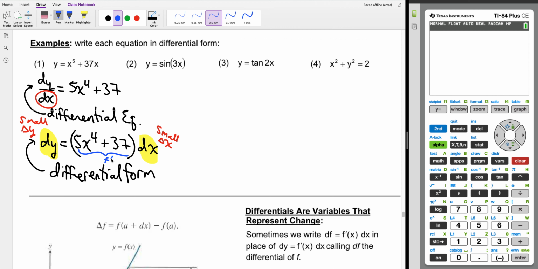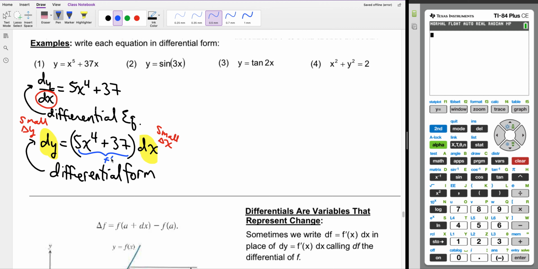This function, every vertical distance from the x-axis to a point on that line, would be a measure of f prime. What I'm saying here is that I'm multiplying that by some teensy tiny horizontal change. So if I create some teensy tiny horizontal change, I create a rectangle.